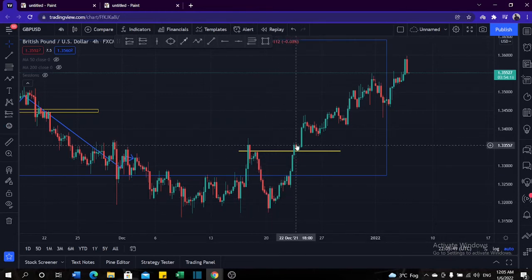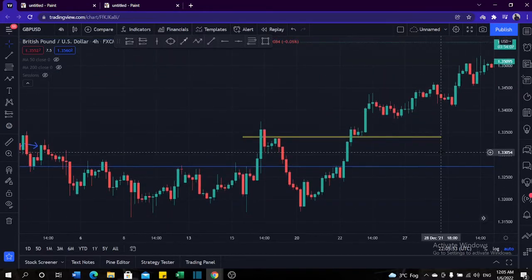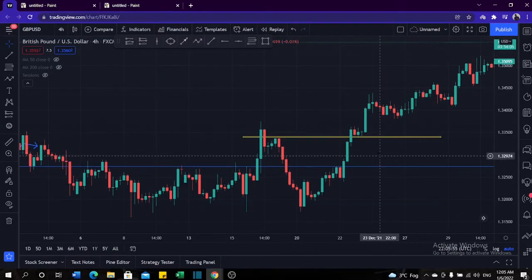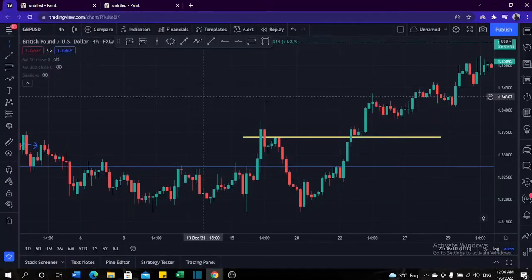Then it came back up and it retested. Now remember, from the previous page I've shown you, I've told you that a retest is when, number one, the price breaks first. It has broken a particular support and resistance area. Then it comes and retests. Then it continues in the direction it was flowing, right?